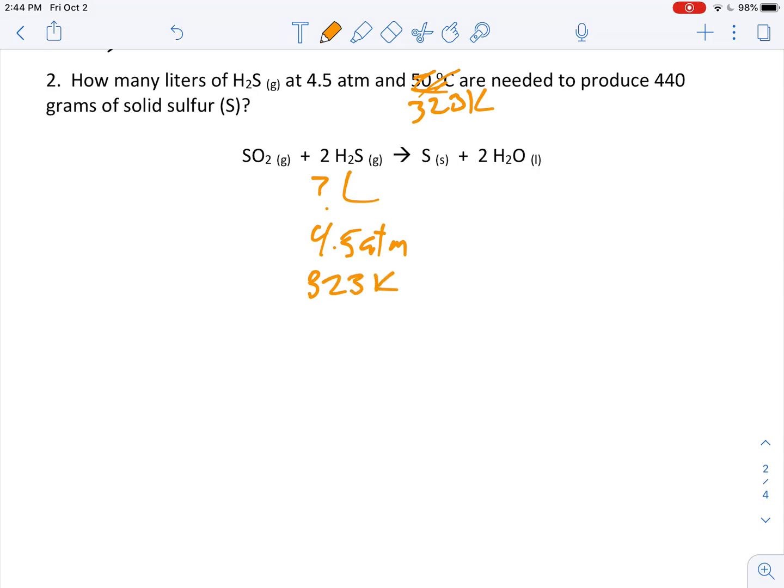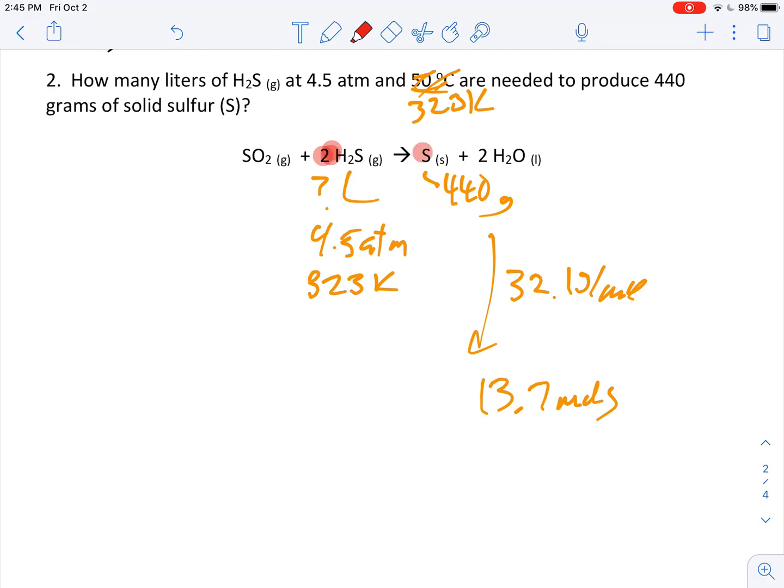I want to know how many liters there are needed to produce 440 grams of that stuff. So I've got the grams of the sulfur, so all I have to do is change it into moles. It's 32.1 grams per mole, which is going to get me about 13.7 moles of this stuff.